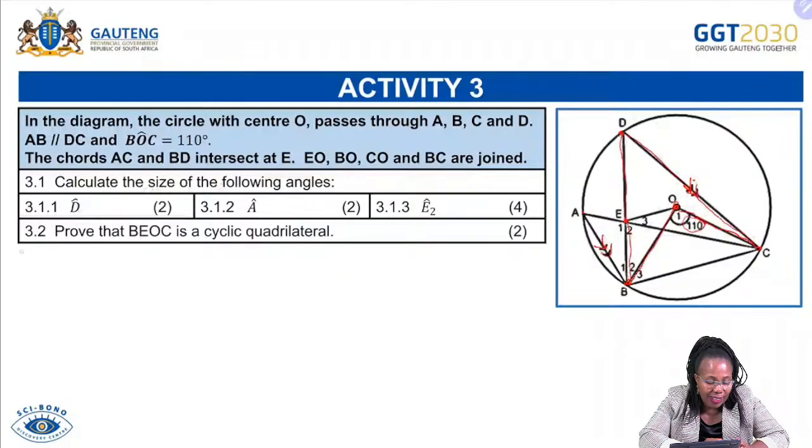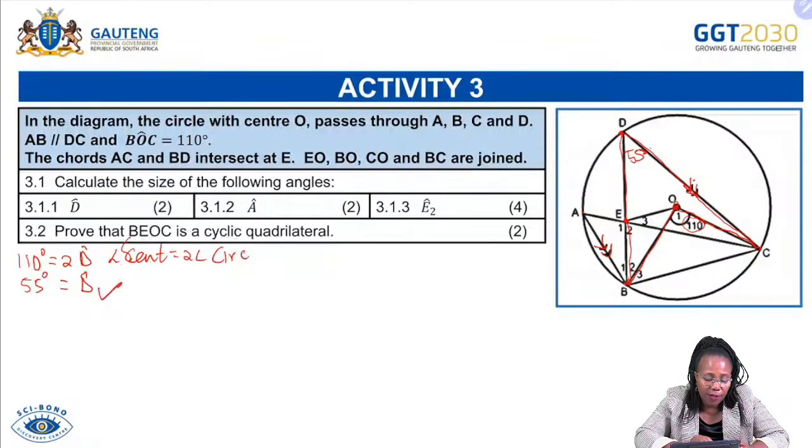That means angle at the center, 110 degrees, is twice angle at the circumference, twice D. Therefore, D will be equal to half of 110, or 110 divided by 2, which is 55 degrees. So this is 55. Reason: angle at center twice angle at circumference. It's 1 mark for the value, 1 mark for the reason.